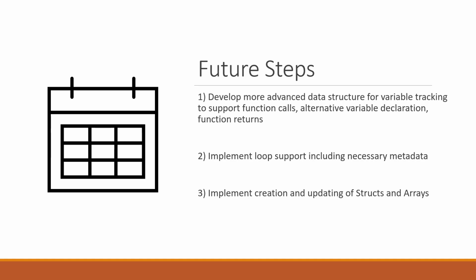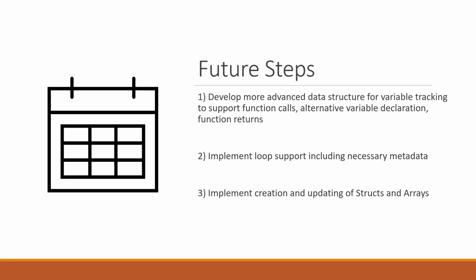For future steps, I think developing a more advanced data structure to combine the variable table and assign and variable statement tracking and having all of that be rolled into one data structure would help development just by sort of centralizing where all that information is kept.